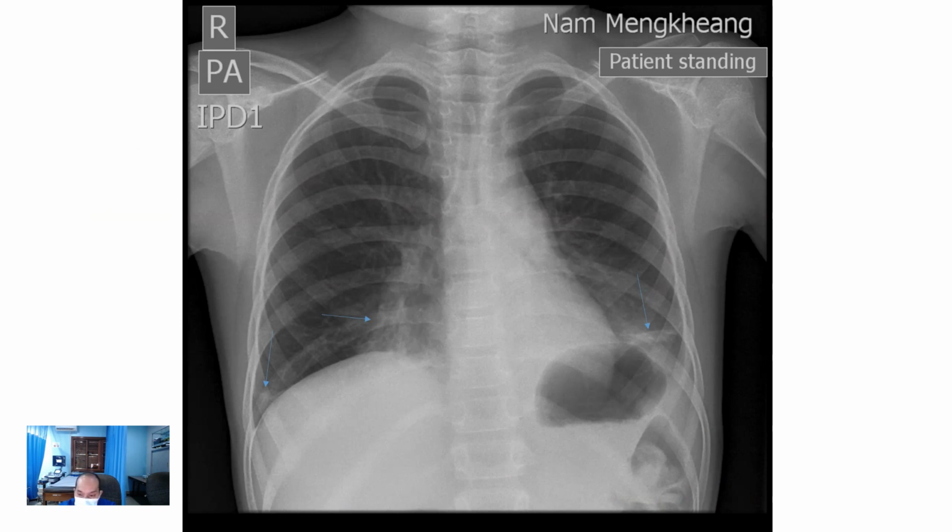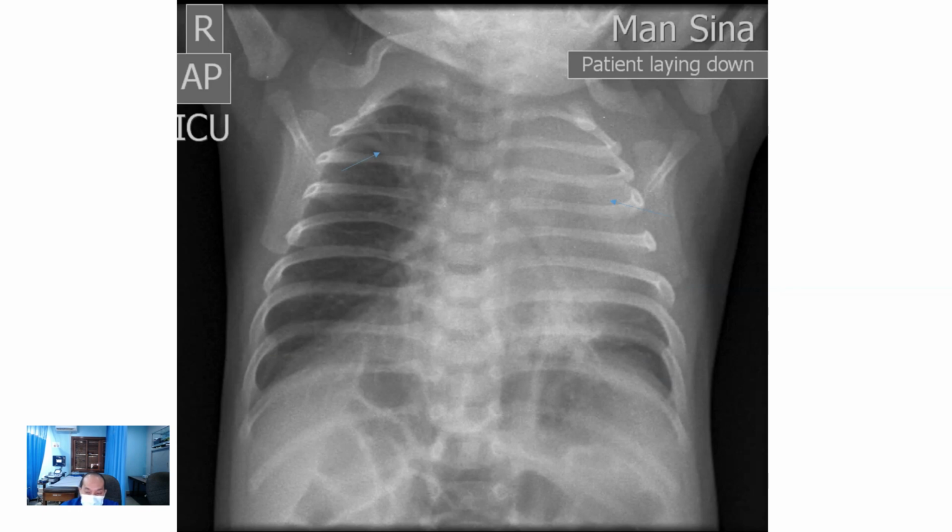And next, also about the E, we see the difference between right and left lung volume, and the difference between opacity in the right lung and left lung. Another case also shows the difference between lung volume and lung opacity in both lungs.